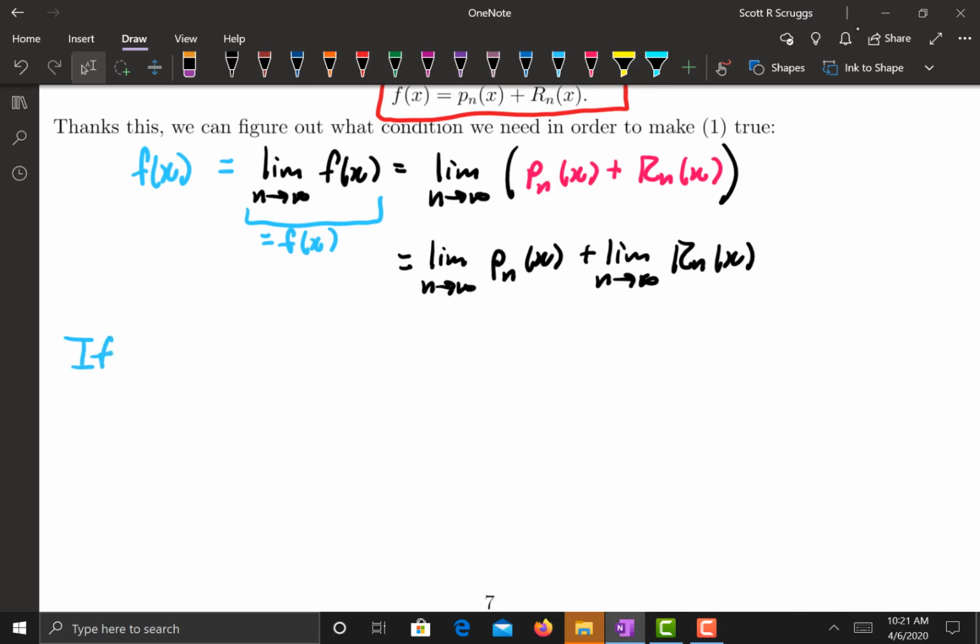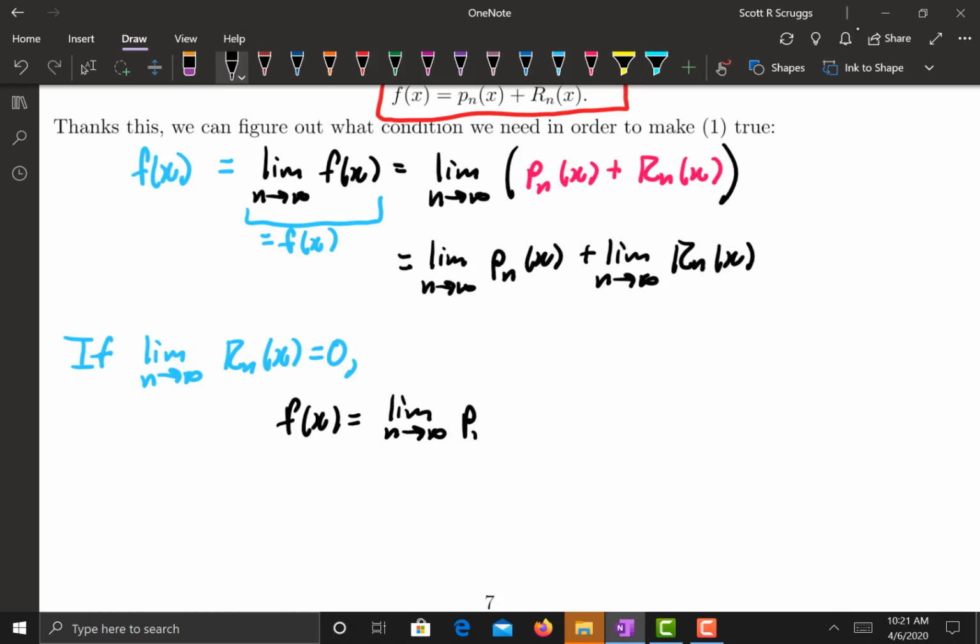So if I know that the limit as n goes to infinity of the remainder equals 0, then I can rewrite this as f of x equals the limit as n goes to infinity of the nth order Taylor polynomial plus the limit of the remainder.